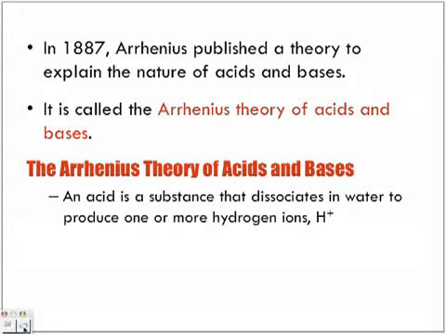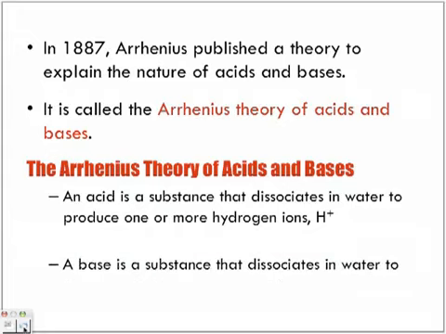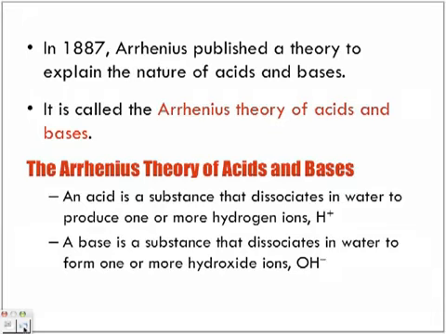Bases are similar, but it was the OH that became dissociated. So, according to his theory, the OH meant that we had a base, and the hydrogen dissociating meant we had an acid.